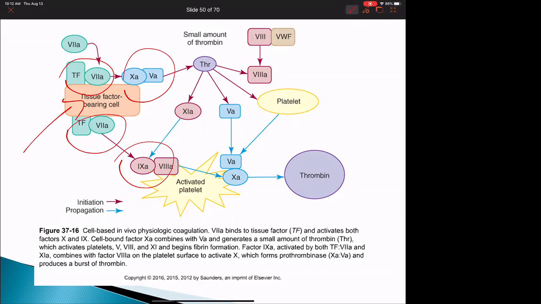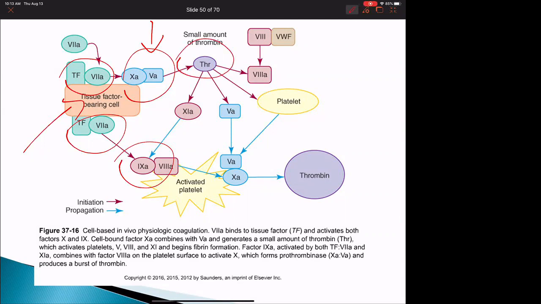Cell-bound activated factor 10 then combines with activated factor 5, okay? So cell-bound activated factor 10 gets together with activated factor 5, all right? And they generate small amounts of thrombin, okay?